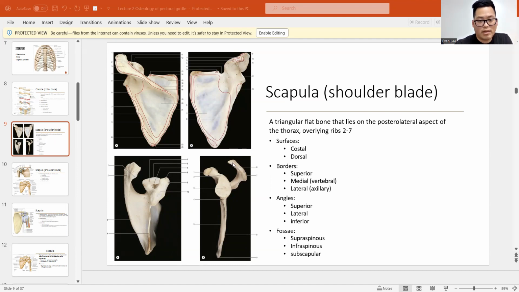And using the spine, let's take a look at a few different depressions or fossae. The spine of the scapula, you can see right here. And there's actually going to be a depression or a fossa both above and below the spine. For naming above or below, you have the words supra or infra.